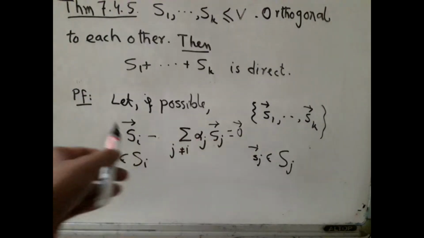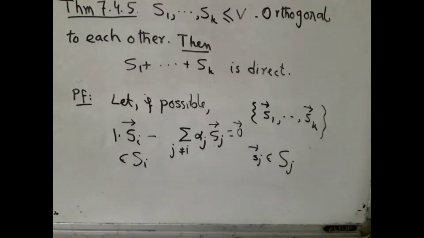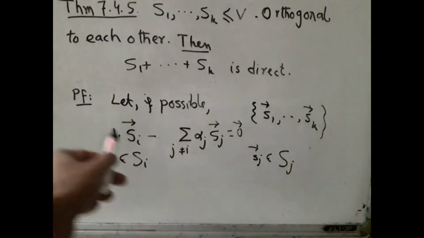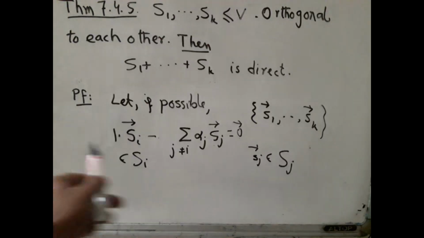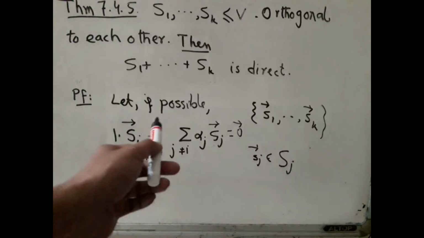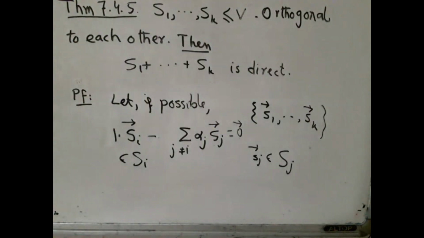Now, if this is equal to 0, then obviously I have a coefficient, here at least, equal to 1. So I see some linear combination of these becomes equal to 0 where at least one coefficient is non-zero. And that immediately shows that this result cannot be true. So they are linearly dependent, but they are orthogonal, so they must be linearly independent. And that gives you a contradiction, completing the proof.